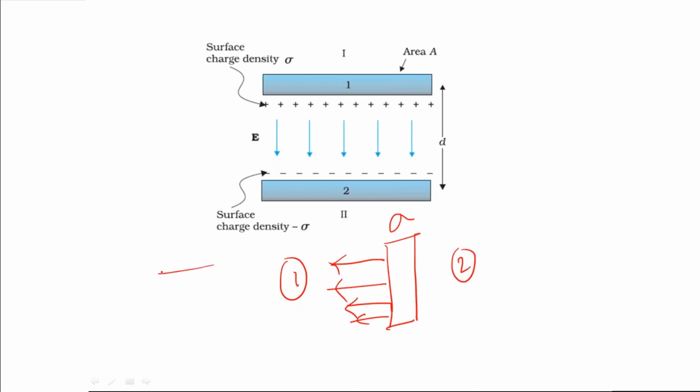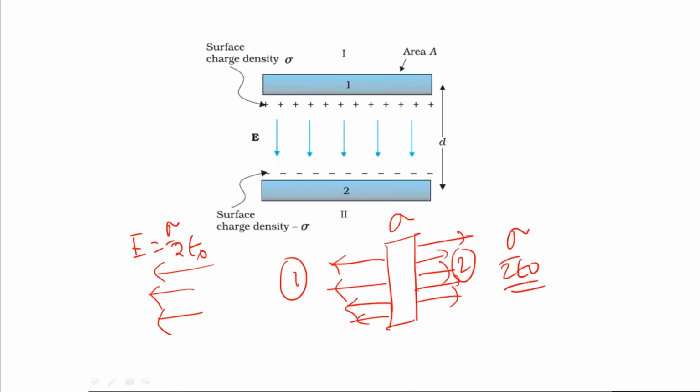In region 1 I can draw like this. Even here, if you draw the same electric field, sigma by 2 epsilon naught, in this way. But in this region you have to draw electric field lines going outward, like this. But the value is actually sigma by 2 epsilon naught only.